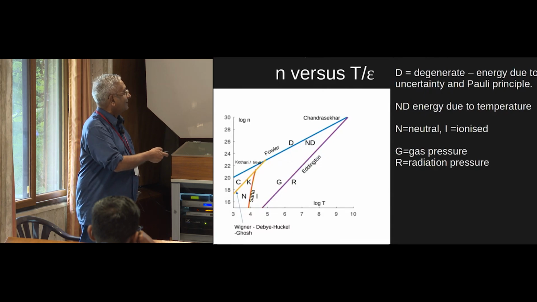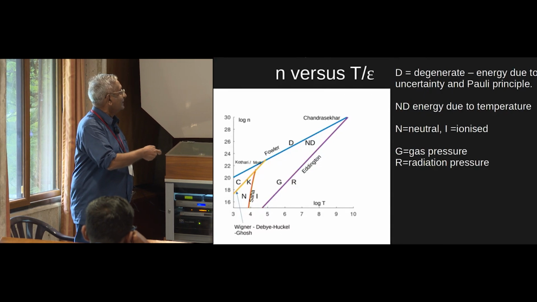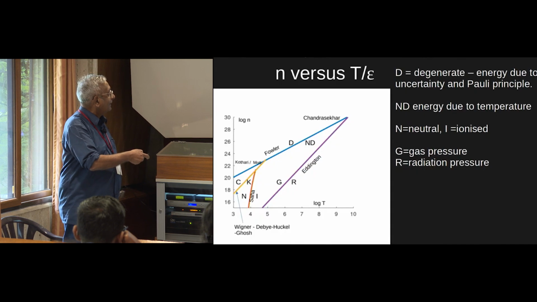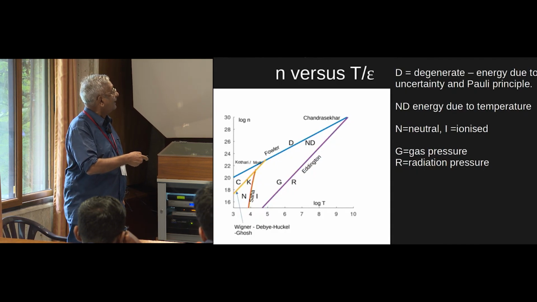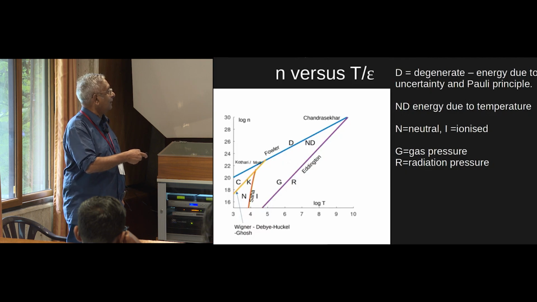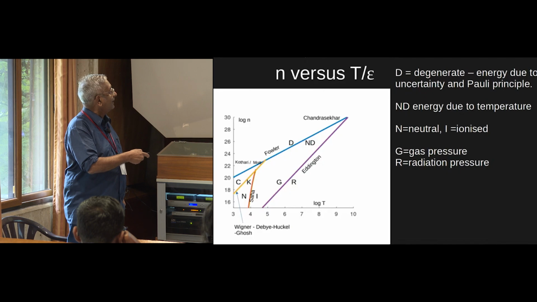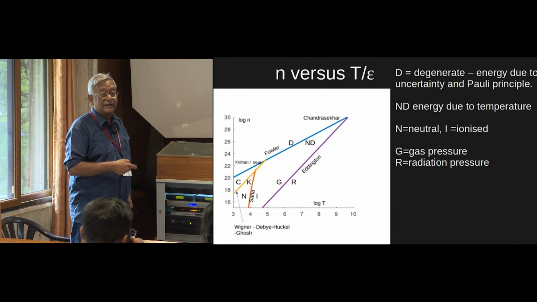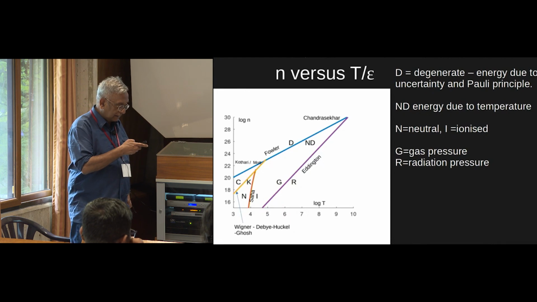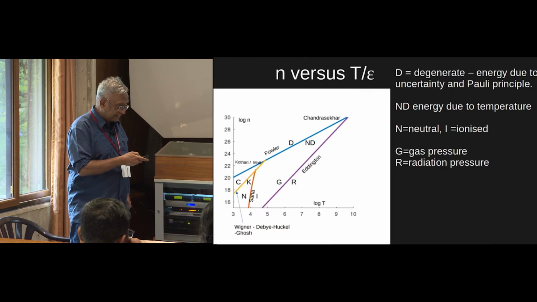Curiously, this line is parallel to this line. The sun is not really dominated by radiation pressure, it is somewhere here. But stars of higher mass have slightly lower density and end up on this line. They're dominated by radiation pressure. So that's a little bit of the physics which is happening.